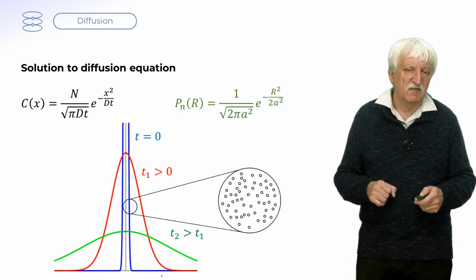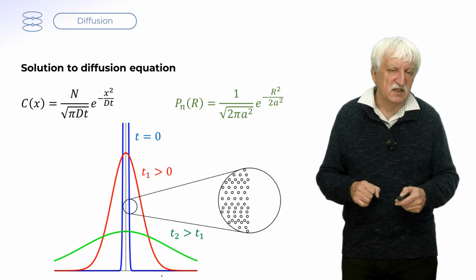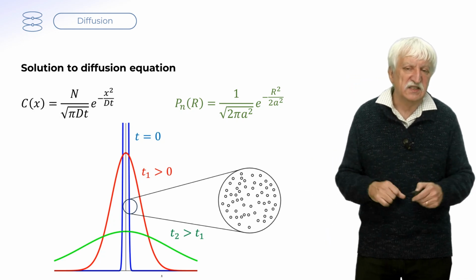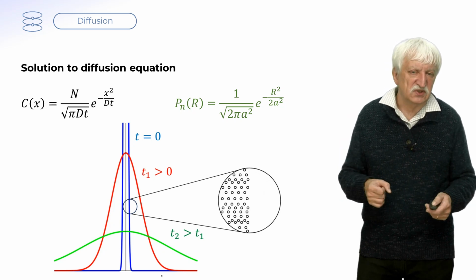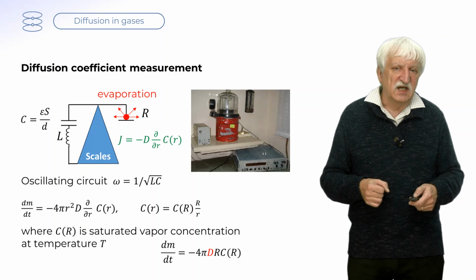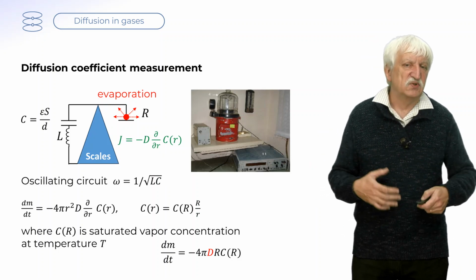And what happened? The particles move far away from their initial positions. And so the question is how to measure this diffusion.